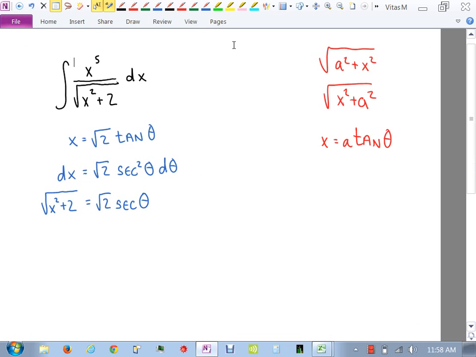FYI. Okay, here's where we are. Now, I'm looking at this integral and I'm realizing that I'm going to need an x to the fifth.